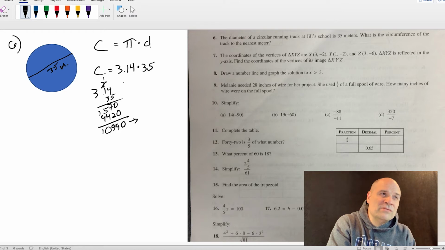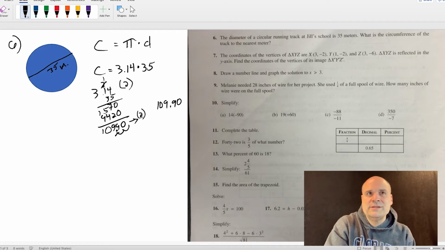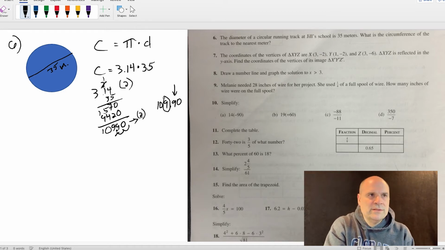And then we remember we have 2 decimal places here, so 2 needs to go in the answer. So we get 109.90, and we're asked to round to the nearest meter. So nearest meter is right here. That 9 tells us to go up 1. So add 1 to 109, you get 110 meters.